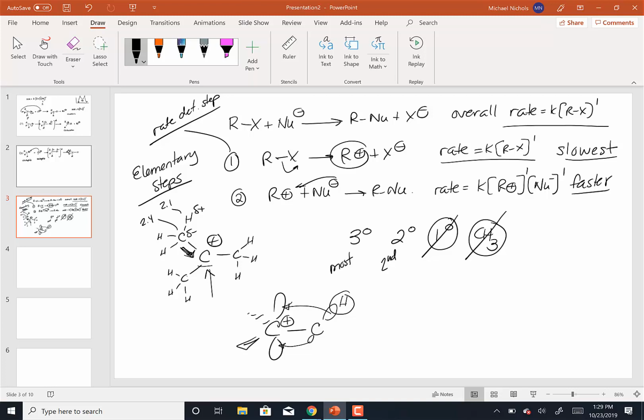And you can only push electron density in from an alkyl group by orienting its sp3 parallel to the empty p. But if there's no carbon there, there's no sp3 orbital to push electron density in. So hyperconjugation is the mechanism by which it pushes electron density in.